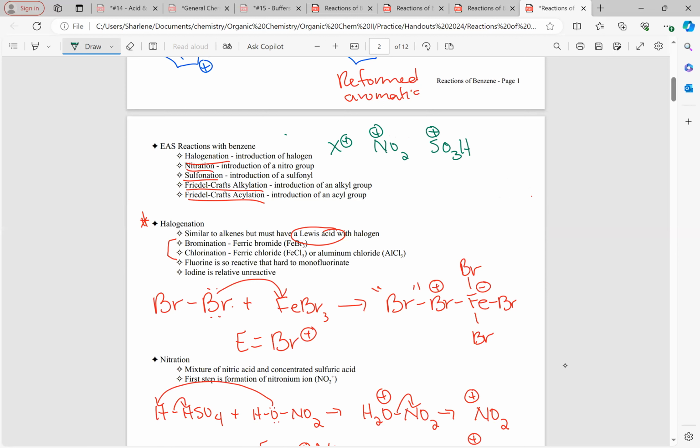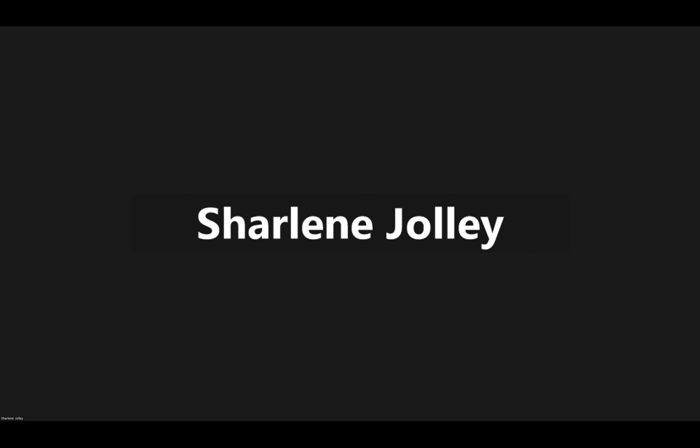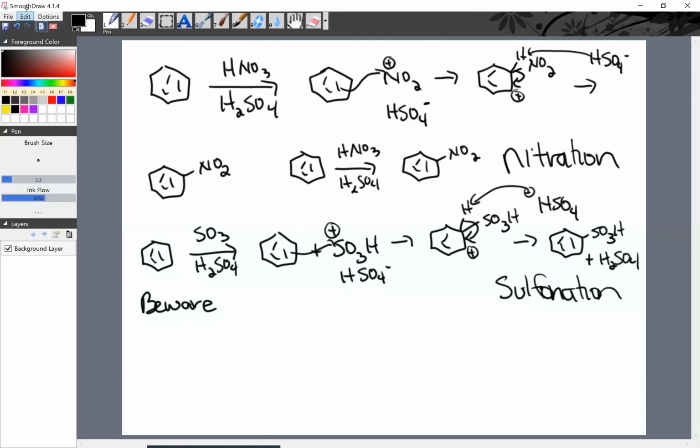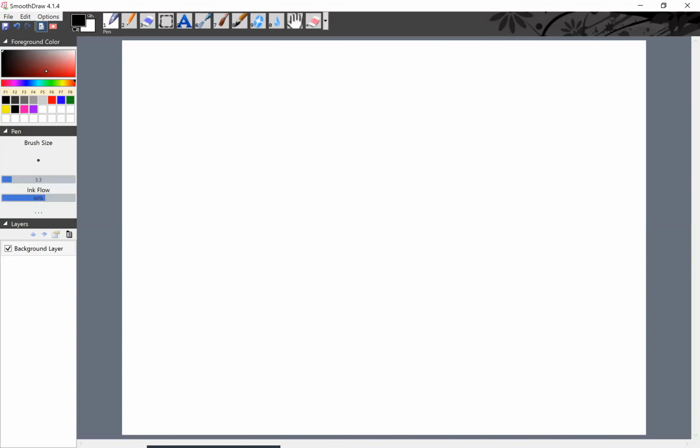Okay, that's what the benzene is actually seeing, and then you get to regenerate your catalyst. All right, because there weren't any of those problems on the handout, which I will go and fix, I'm just going to do 2 or 3 of them right here.